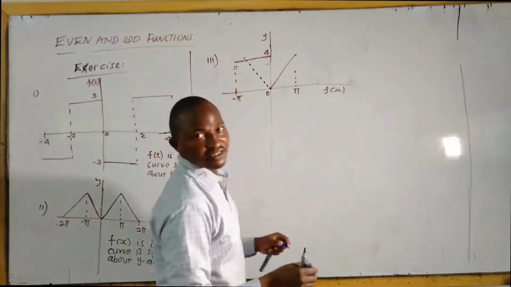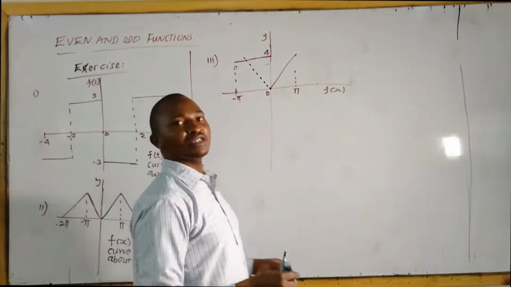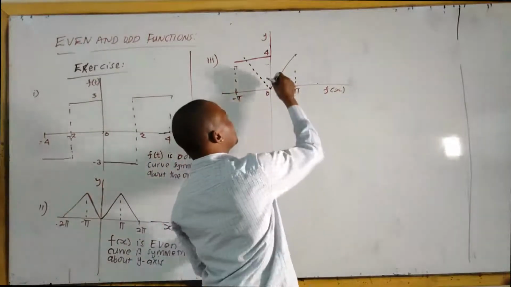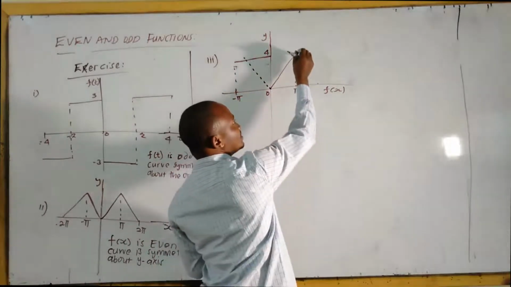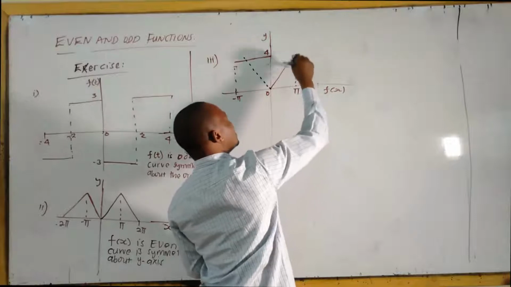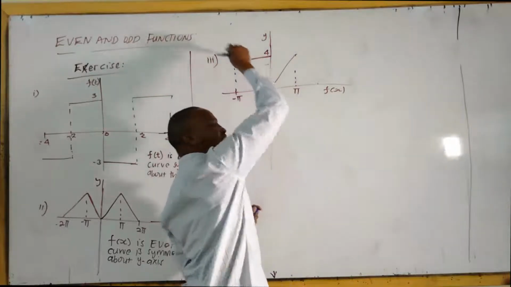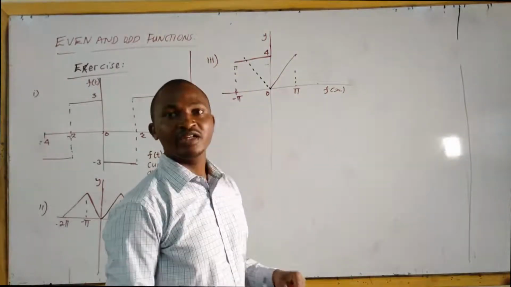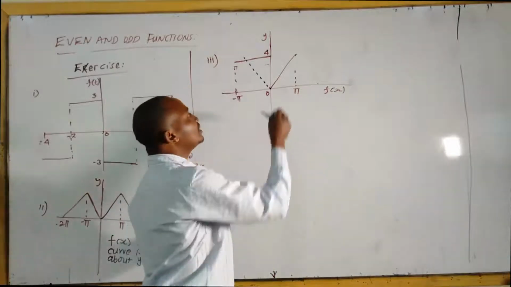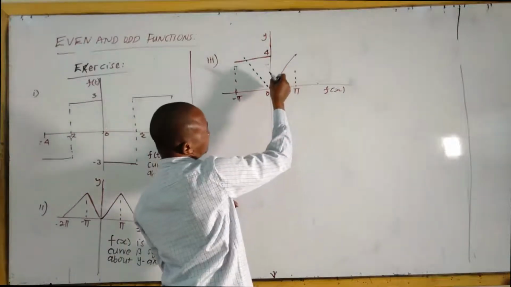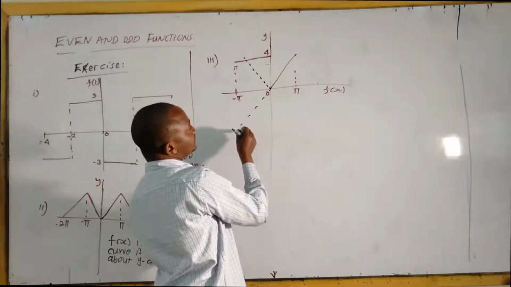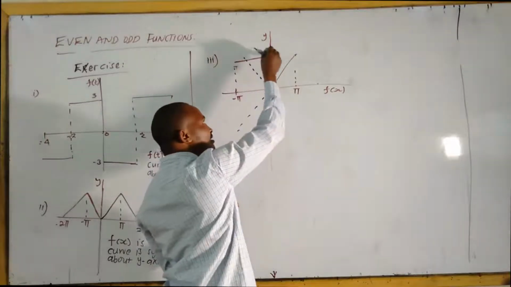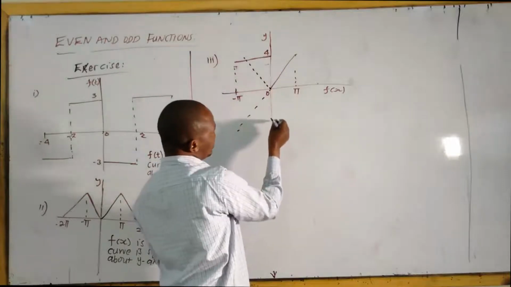If it is even, because it should be looking in the opposite direction of this one. Because this one is going in this direction, then the other one will be going in the opposite direction. If it was odd, this line here would be somewhere here, and this one here, symmetric about the origin, will be somewhere here.